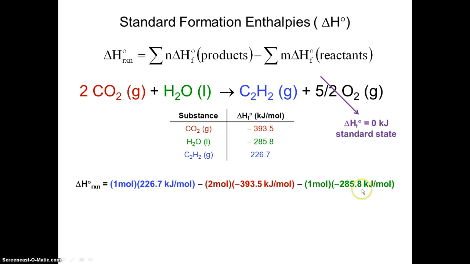And then I just run this through and do the math and see that the delta H then for this reaction is about 1299 kilojoules. So this is a very endothermic reaction. The formation of this is not exothermic. And that will end our discussion of simple enthalpy.